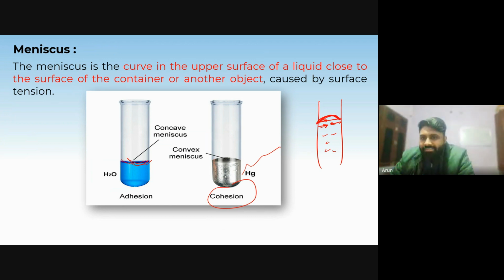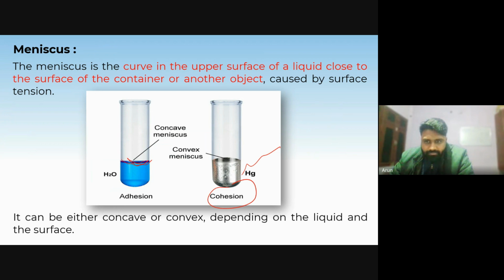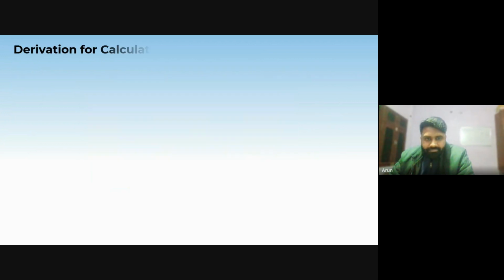It will make lesser contact with the surface. But if the adhesion force is dominating, these walls will pull the liquid down, so the surface will look like this. Okay. Now it can be either concave or convex, depending on the liquid and the surface.